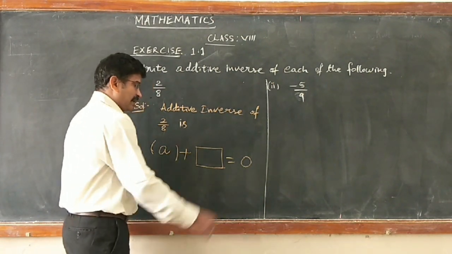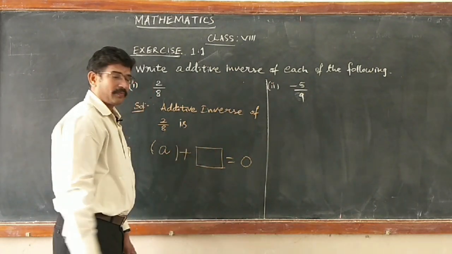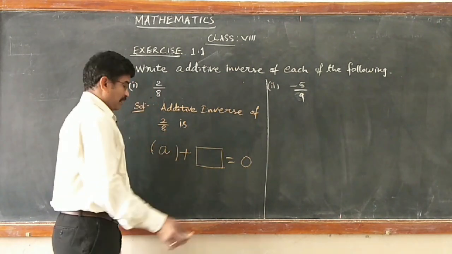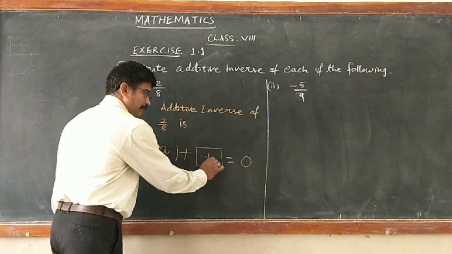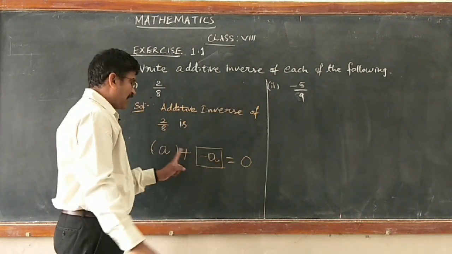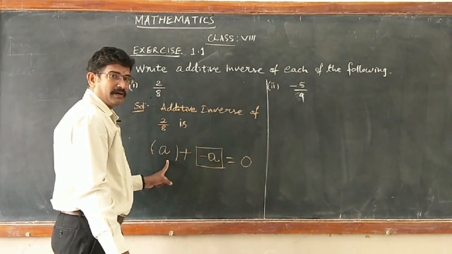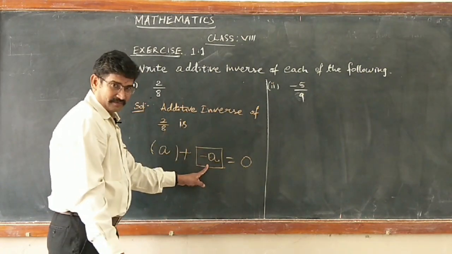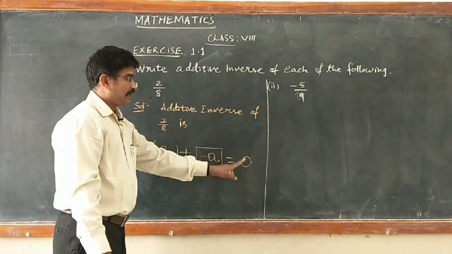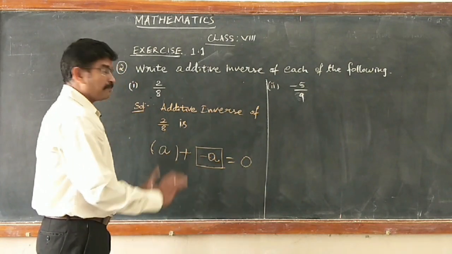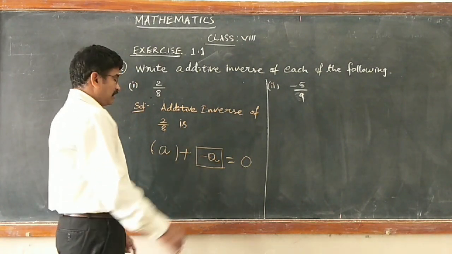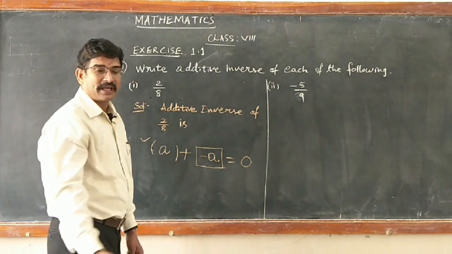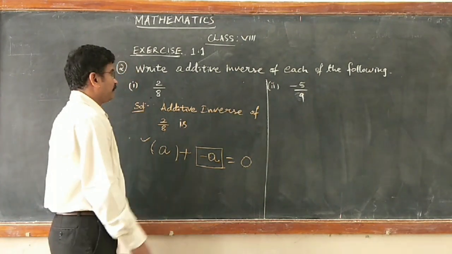That means we have to identify this number. If I add any rational number to the negative of the same rational number, it gives 0. So this is the simple concept which we have to remember. Having this knowledge, we can go ahead.